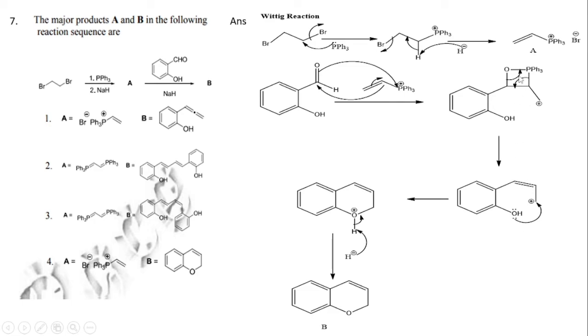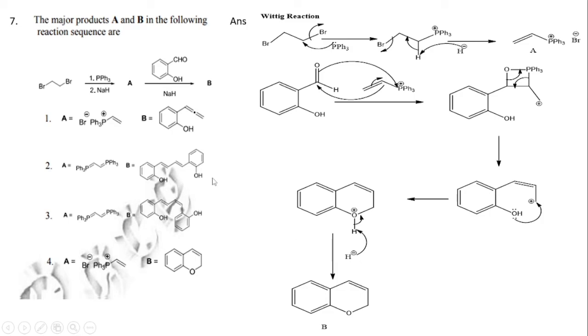So here alkene will be formed, so here alkene, then CH2 plus. Then after that, here alcohol will be there. So this lone pair of this alcohol will attack on this cation to form this cyclic structure.